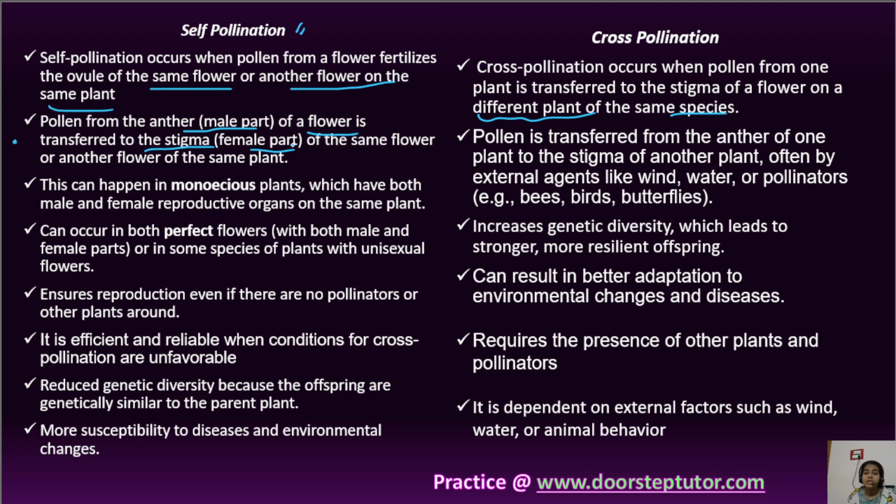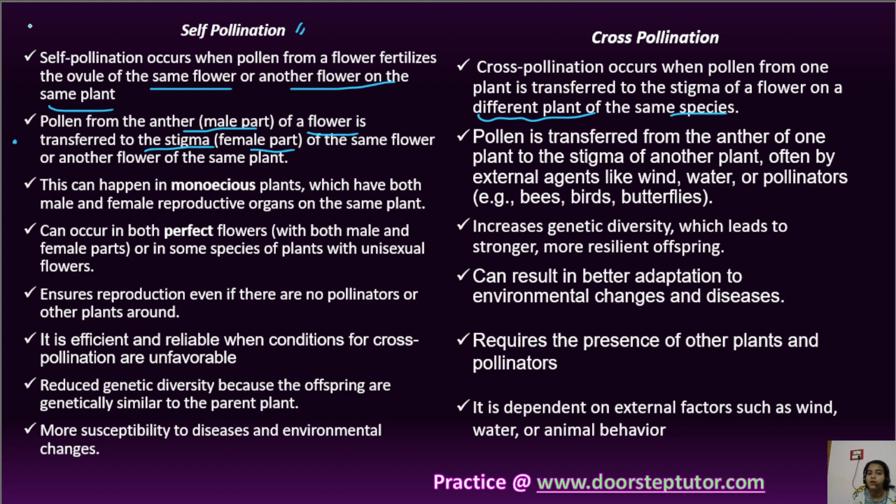Similarly, in aquatic plants pollination occurs with the help of water. And for bees, birds and butterflies, the flowers should be brightly colored so that they can attract them.